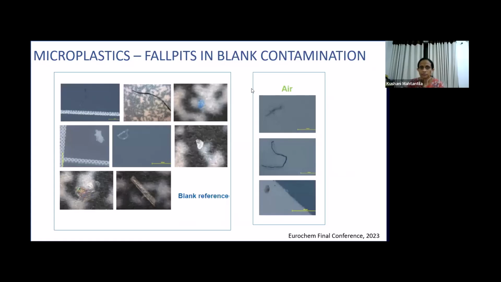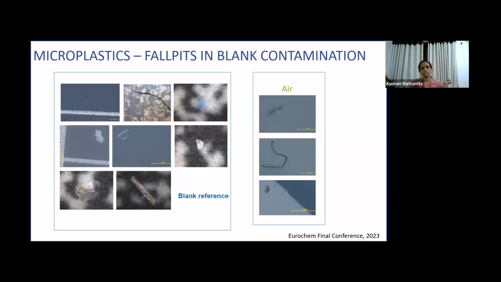Actually, these are blank contaminations, because the standard says the microplastic should be analyzed in ISO class 3 rooms, which is not affordable for us. That is, the lab should have laminar flow systems and a dust collector system, so that the laboratory is free of dust, and we cannot go for such a laboratory.